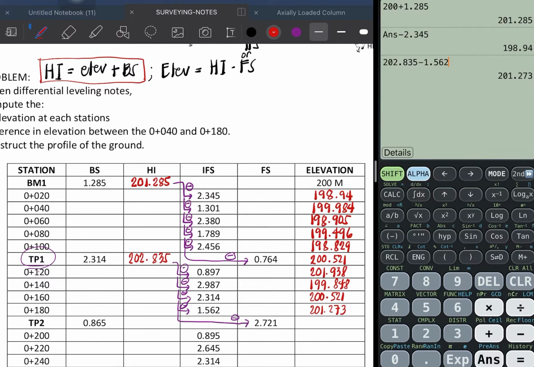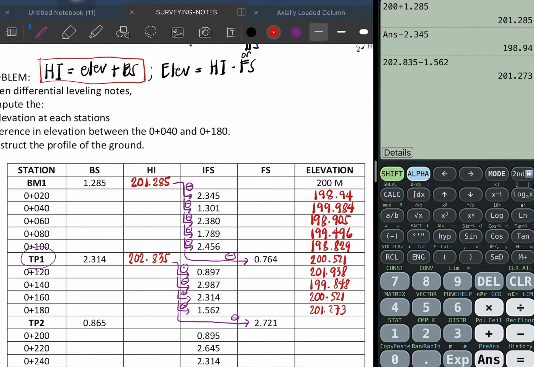Then you have the foresight for your turning point, since maybe from this station to the next you cannot see directly, so you move to another area, and you have now your turning point 2.